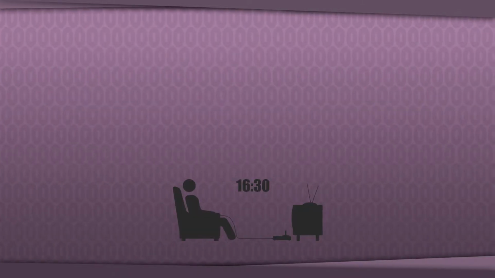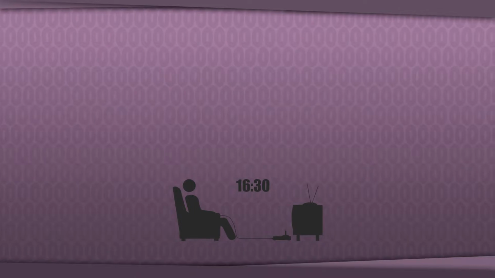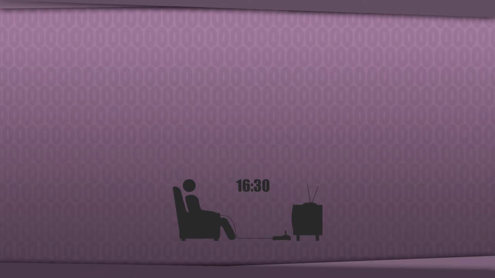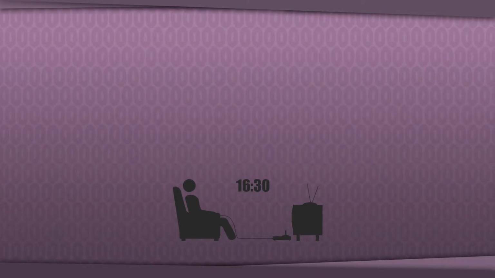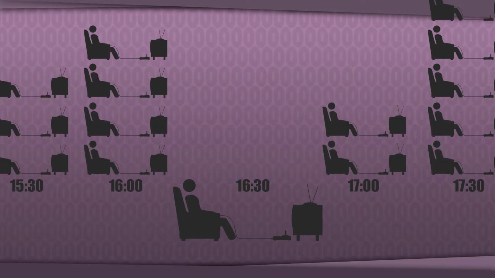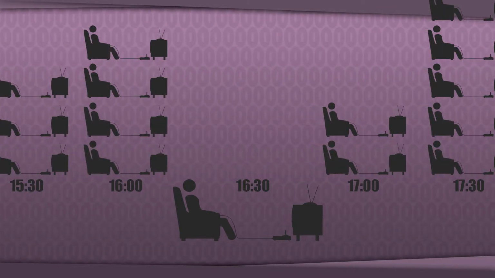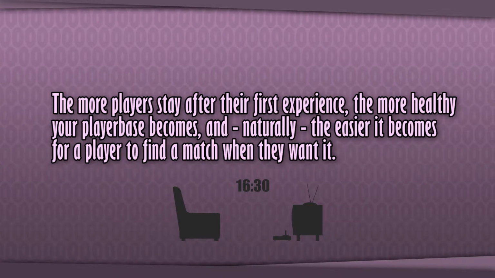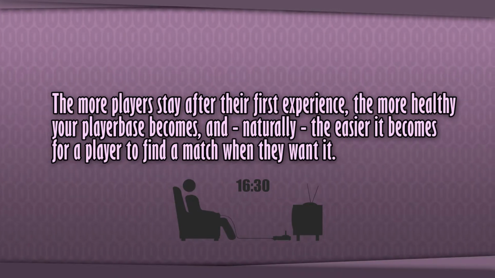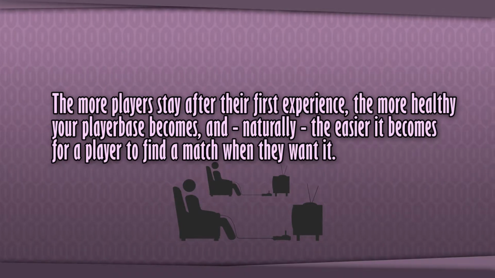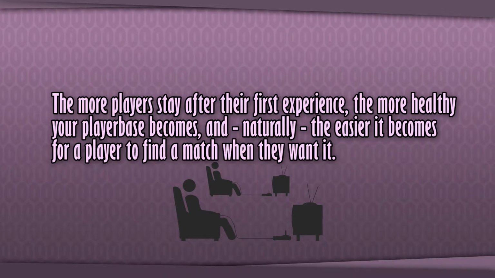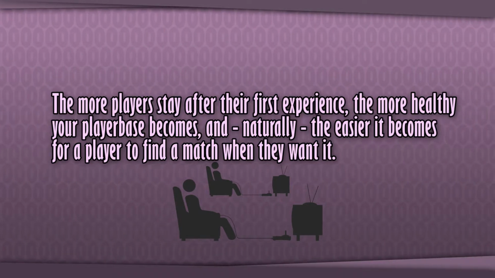You have a player who, out of 24 possible hours in the day, gets home early from work and wants to get a game in at 4:30 p.m. before dinner time. Unless there are other people playing during that time frame, they won't be able to find a match, and will be statistically less likely to try again at that time. The more players stay after their first experience, the more healthy your player base becomes, and, naturally, the easier it becomes for a player to find a match when they want it, and therefore the better your matchmaking becomes.